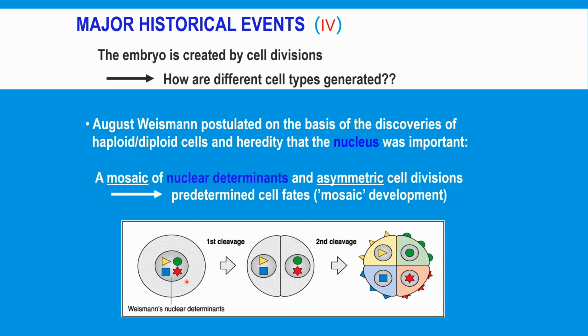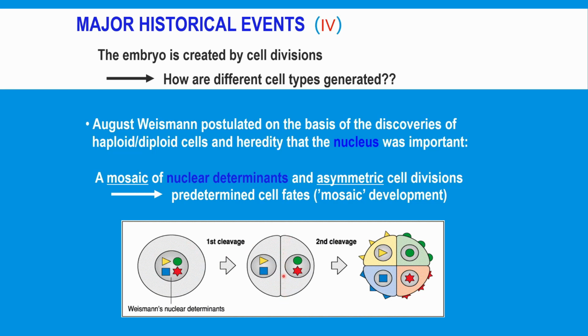And that these, together with specialized cell division, asymmetric cell divisions, so cell divisions that distribute these nuclear determinants unequally, could generate different cell specificities. So in the example here, we have 4 colored nuclear determinants.